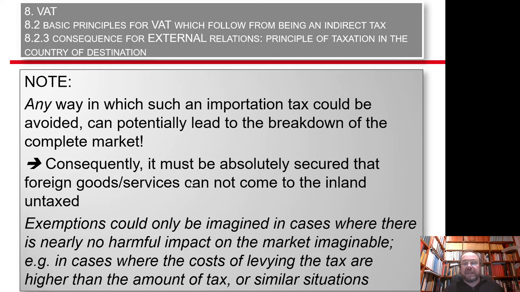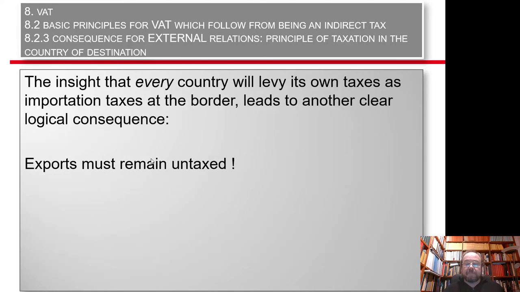But you would probably have to draw the line for simplifications relatively low. It depends on how dangerous untaxed imports can become for the inland economy. So the principle is, nevertheless, everything which comes from the outside world will be taxed.